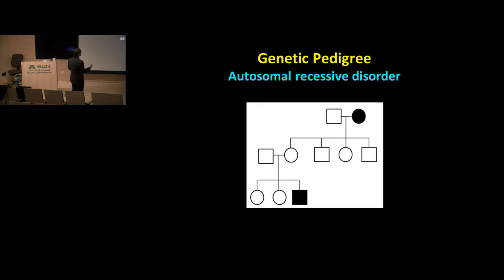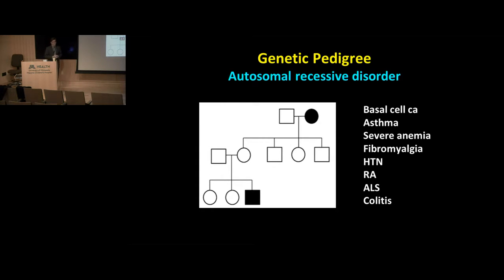Okay, many of these marrow failure syndromes are autosomal recessive diseases, and this is what it might look like if it were an autosomal recessive disease. In this particular family, there was no family history of Fanconi anemia. But there was a family history of basal cell carcinoma, asthma, severe anemia, but in a 95-year-old great-grandmother, and fibromyalgia, hypertension, rheumatoid arthritis, ALS, colitis.